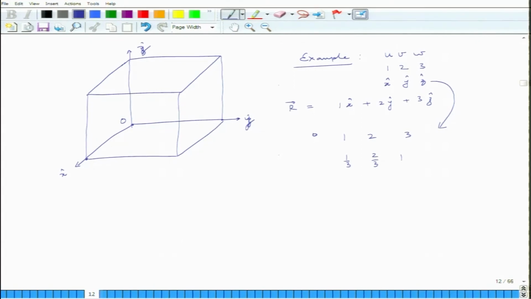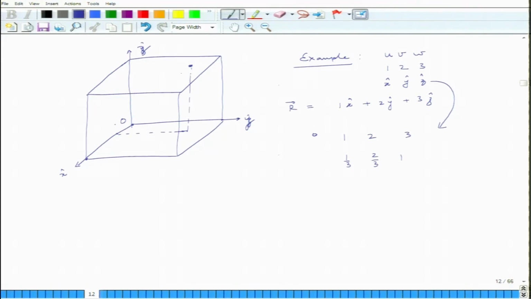So, I go 1 by 3 in the x direction, 2 by 3 in the y direction, and 1 along z, which coincides with this point somewhere here.